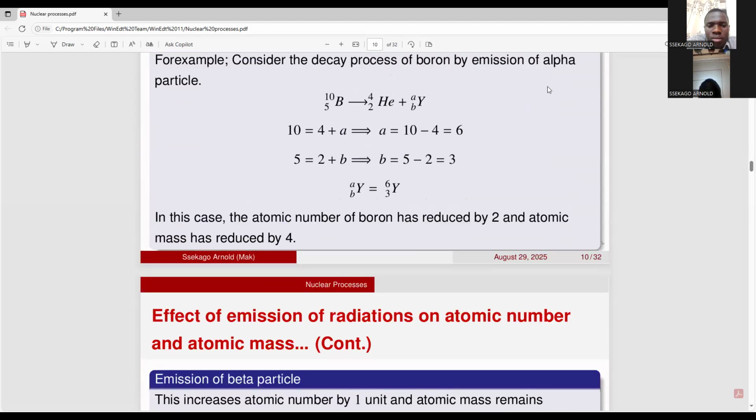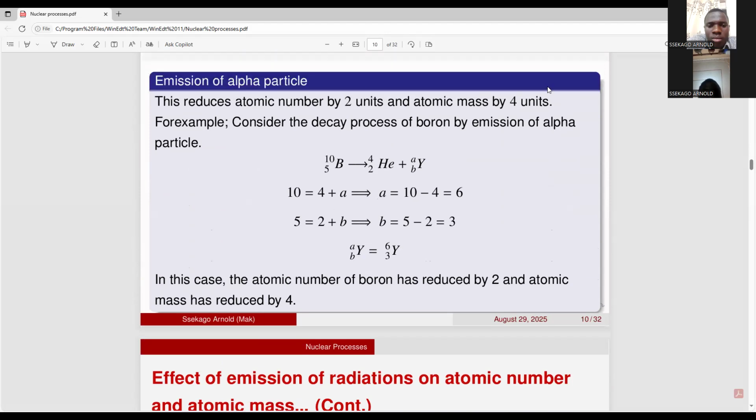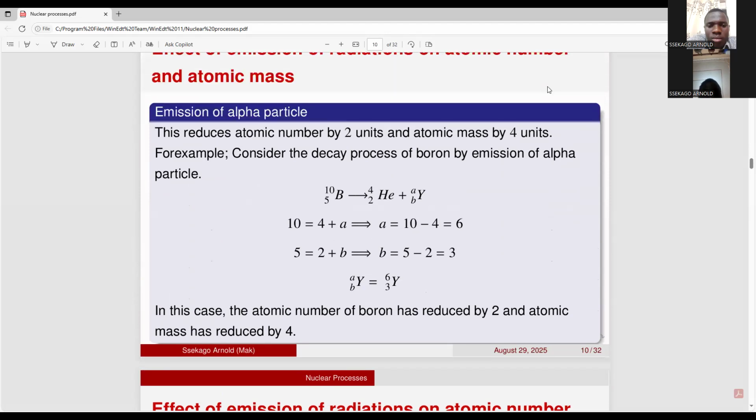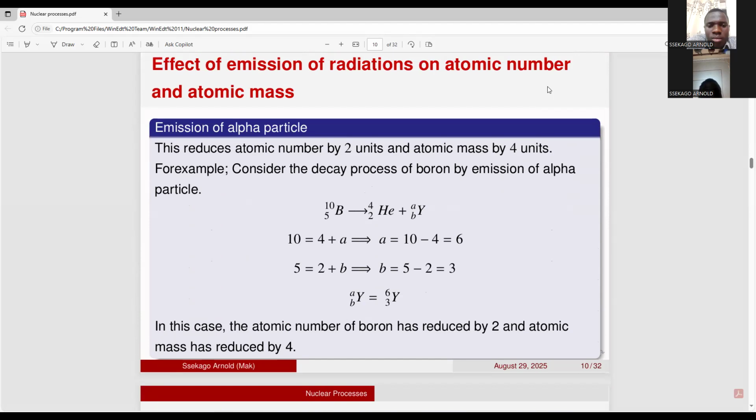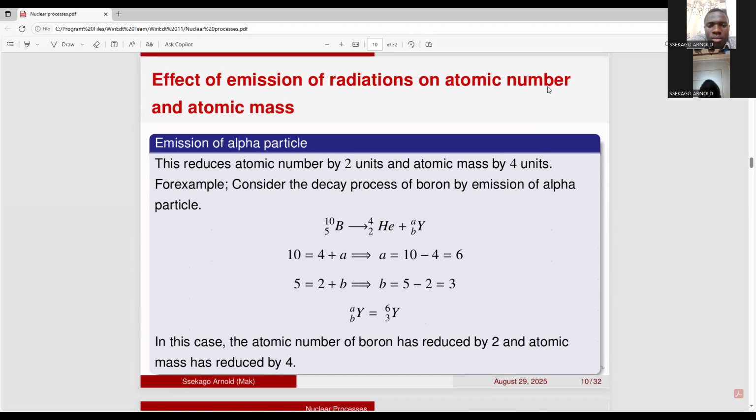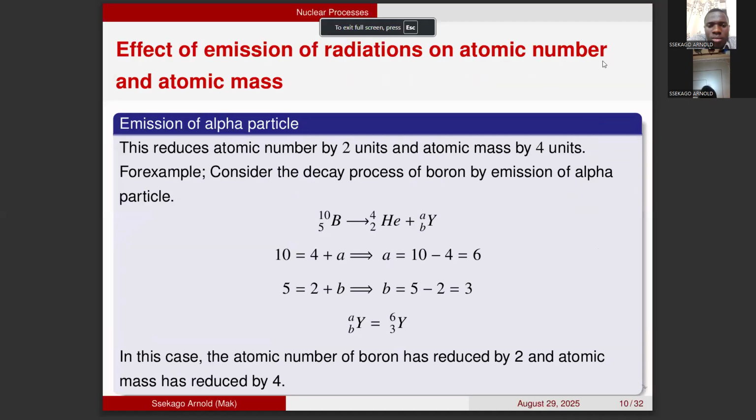We are going to look at the effect of radiations on atomic number and atomic mass. Hope my screen is now clear. Effect of emission of radiations on atomic number and atomic mass.